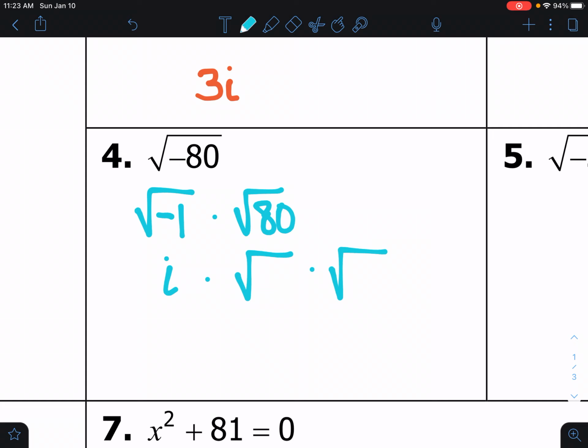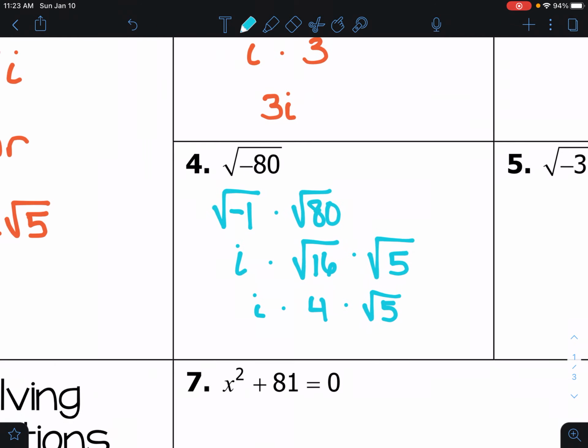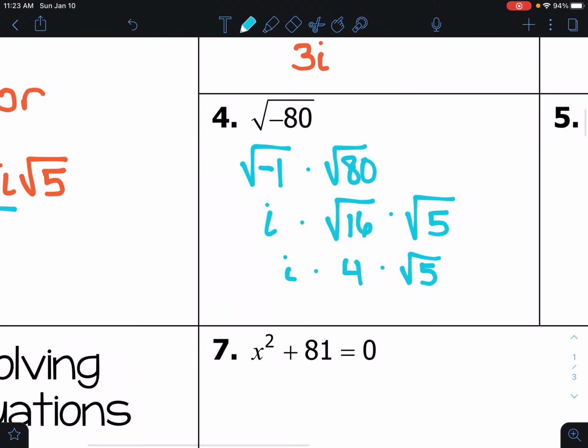The biggest perfect square that goes into 80 would be 16 times 5. So now you know this is 4, this is i, and this is root 5. Now if you have a radical left over, you should put the bi part in front of the radical, and again the constant in front of the i as well. So this would be rewritten as 4i root 5.